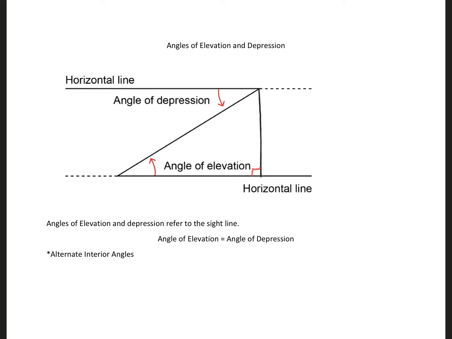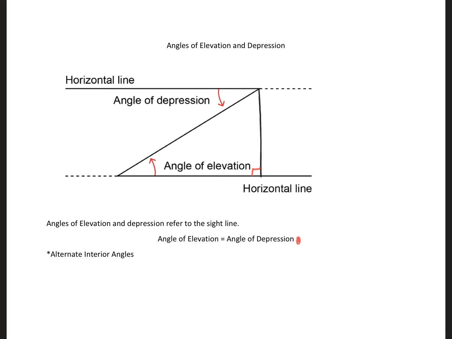The most key aspect that I want you to get out of this image is that the angle of elevation is equal to the angle of depression. And there's a past geometry concept, and if you don't remember it, that's okay. But it's the idea that alternate interior angles are congruent, or that they're equal to each other. Because of that, the angle of elevation equals the angle of depression.